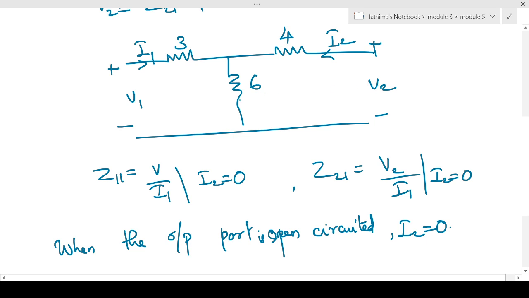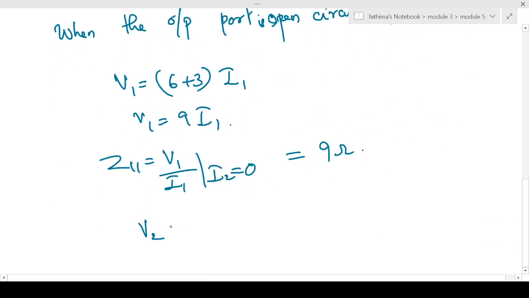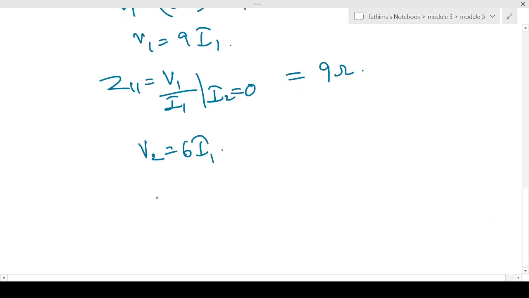So V2 is equal to 6 I1, or V2 by I1 is equal to 6. And V2 by I1 is Z21. So Z21 is V2 by I1 with I2 equal to 0, and that is equal to 6. So we have obtained Z11 and Z21.